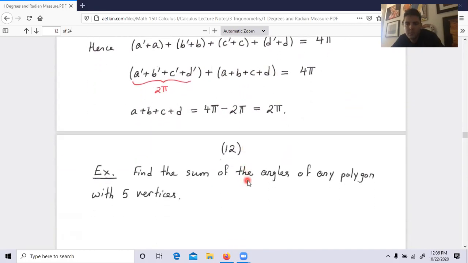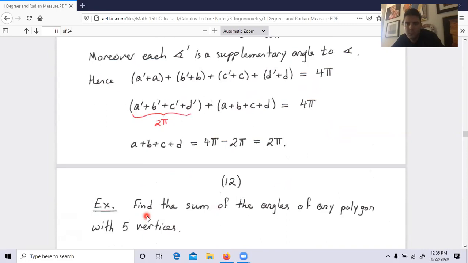What about, can you tell me what would be the sum of the angles of any polygon that has 5 vertices? What would that be, guys, in the comments? If I add up the inner angles of a polygon that has 5 vertices, what do I get?